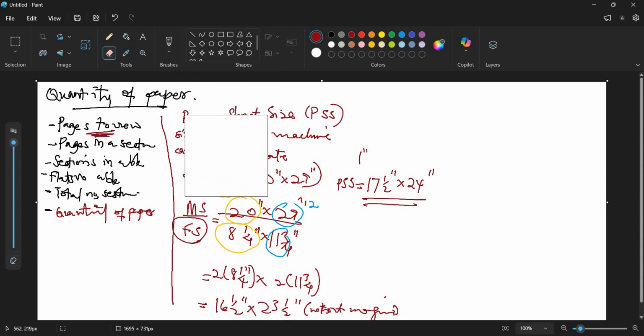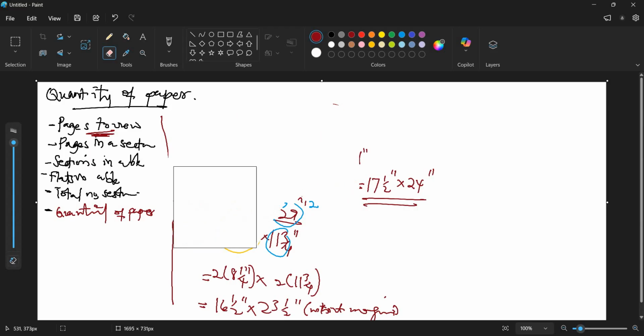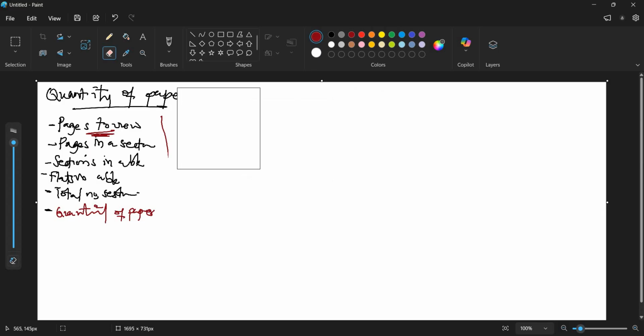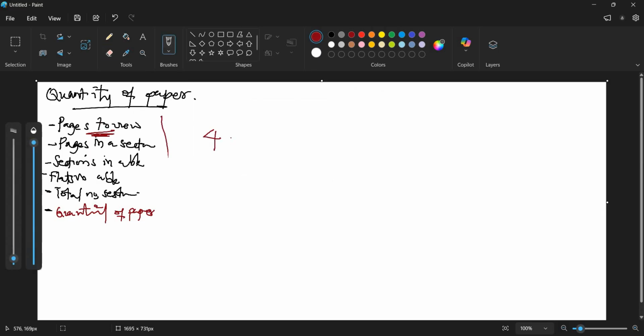Another way of solving for your PSS is knowing the pages to view. So in our calculation, we had 4 pages to view. So our finish size is A4, and that means we can view A4 4 times.